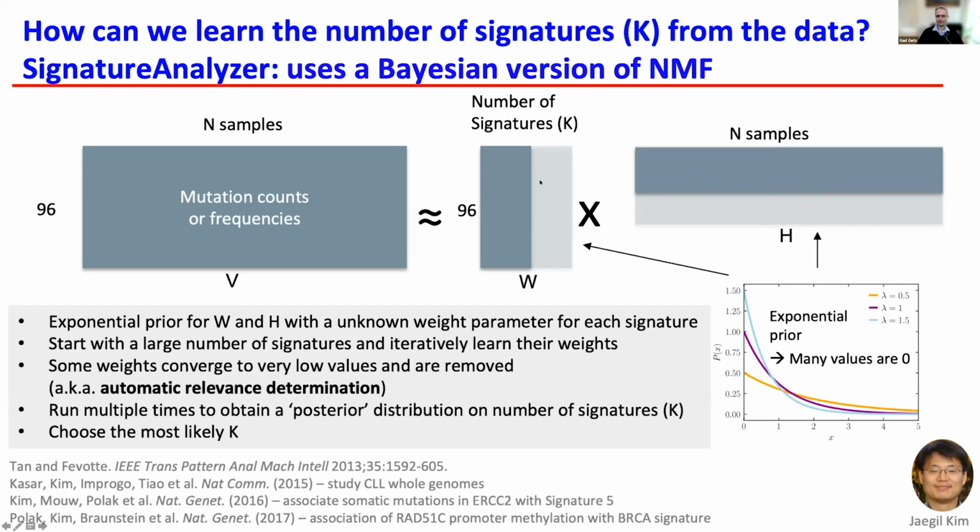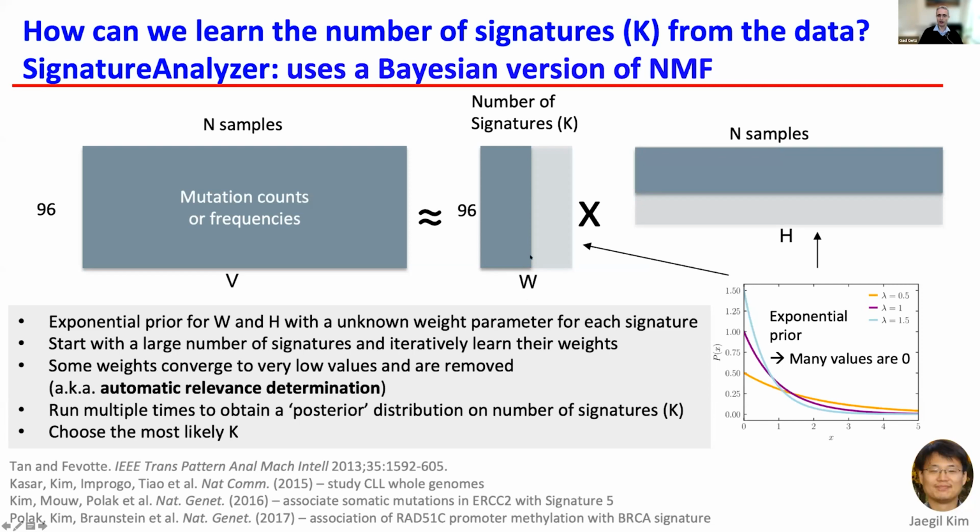That prior on each of the signatures has a parameter for every signature, which is called the weight. As you iterate and fit the data, you learn these parameters from the data, and some of the weights converge to 0, and therefore we remove them.